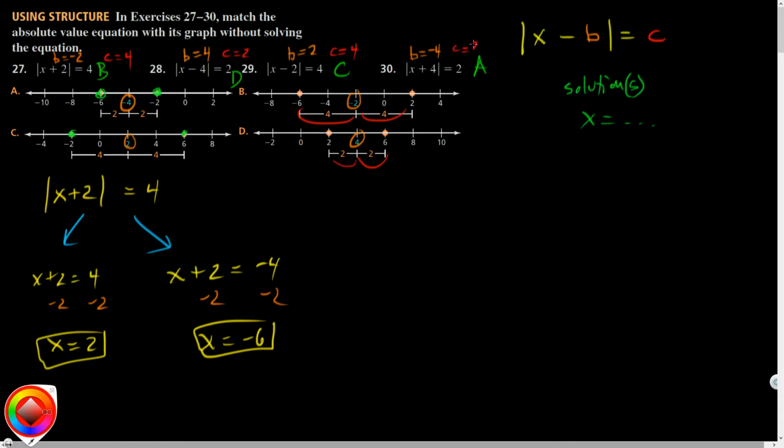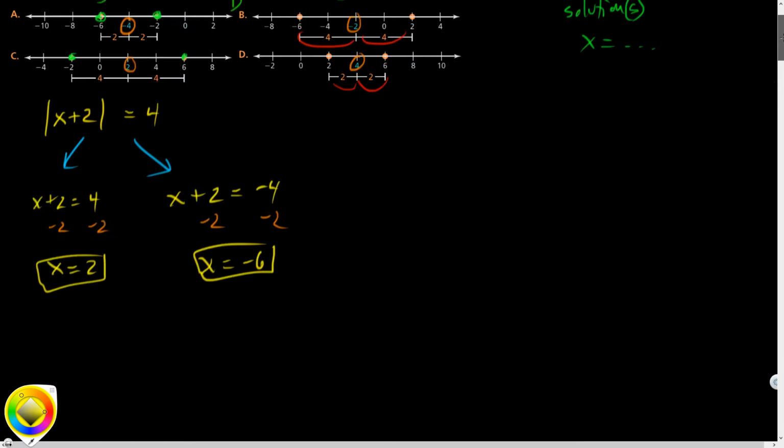The equation was always x minus b, my midpoint, and so it's always going to be the opposite of that number. That oppositeness is going to show up in a lot of different types of equations and formulas as we go through this course.